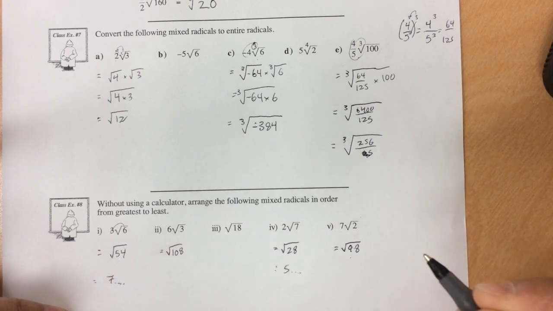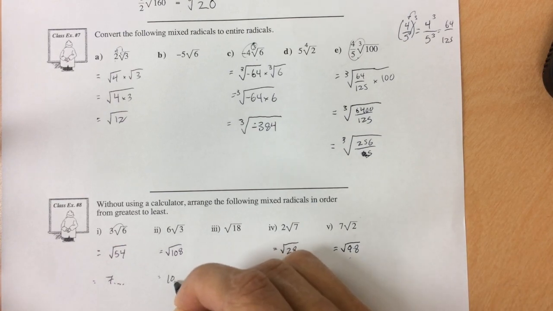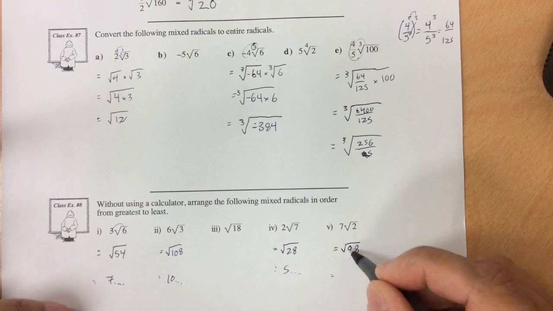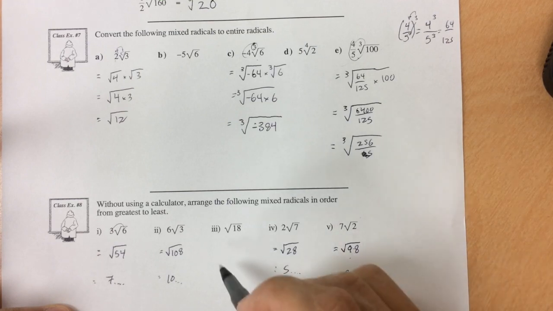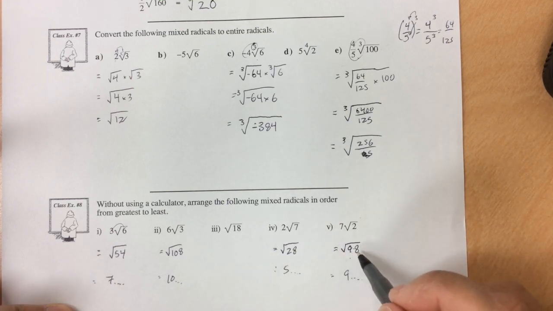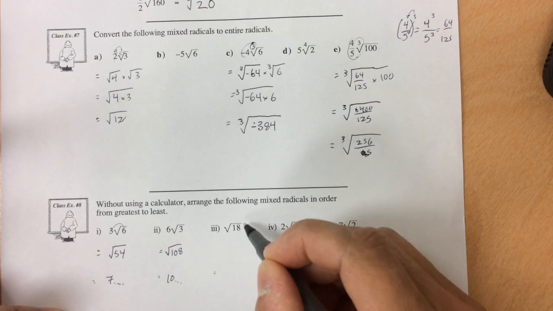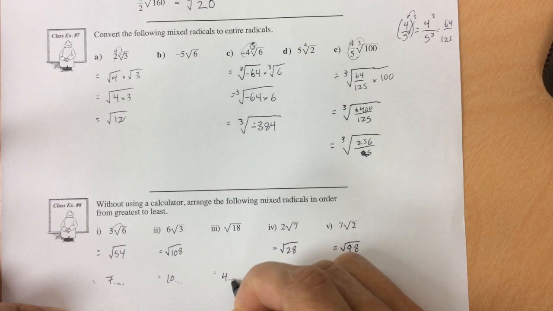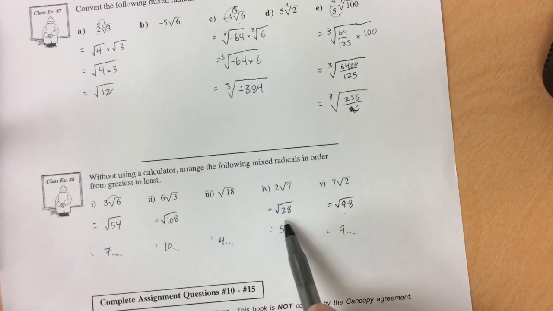So somewhere around there. I know this one's going to be close to 10, and this one is just going to be under 10. It's going to be 9 something, because 10 times 10 would be 100, not quite at 98. And then this one here would be around 4, which means that we have our order.